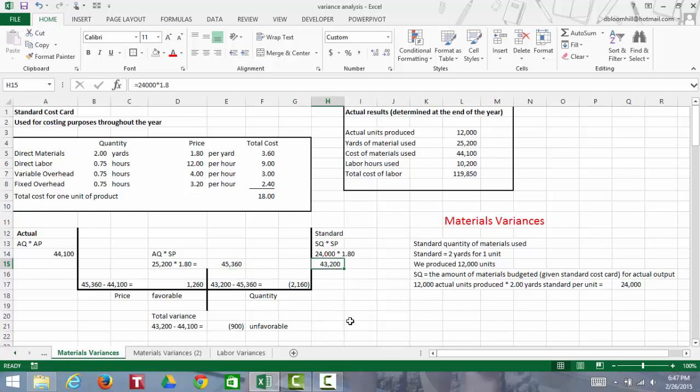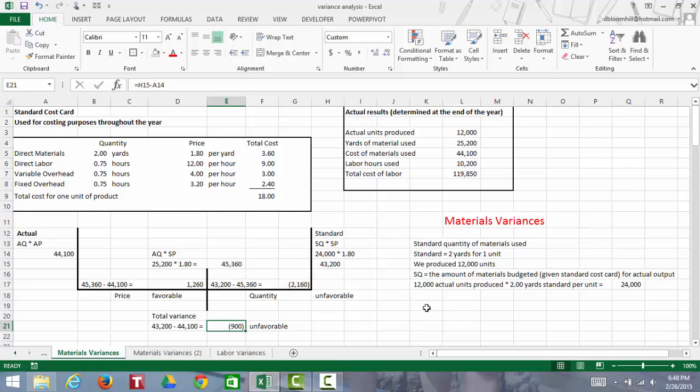So we budgeted for 43,200, and in terms of quantity, actual 45,360, we have a negative number, so our quantity variance is actually unfavorable. Now I want you to notice that the 1,260 positive price variance subtract the negative 2,160 quantity variance equals the total variance of 900 unfavorable.